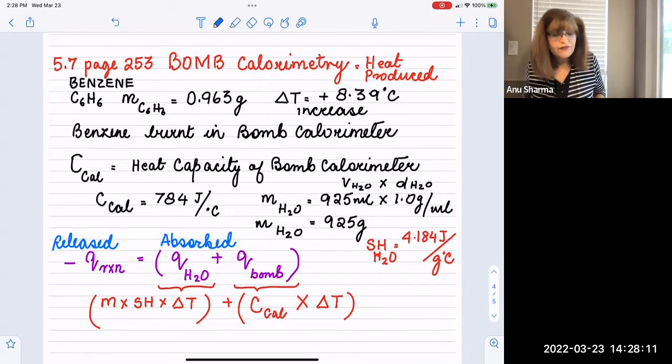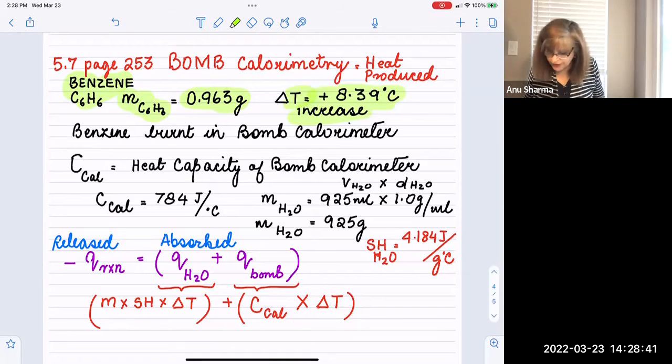So here we are given benzene, that is C6H6. Benzene is an organic compound made up of 6 carbons, 6 hydrogens. The mass of the benzene given is 0.963 grams. Okay. And when this benzene is burnt in a bomb calorimeter, the heat is trapped and there is an increase in the temperature. The delta T value is 8.39 degrees Celsius.